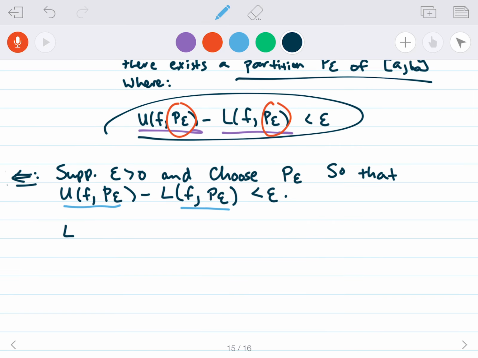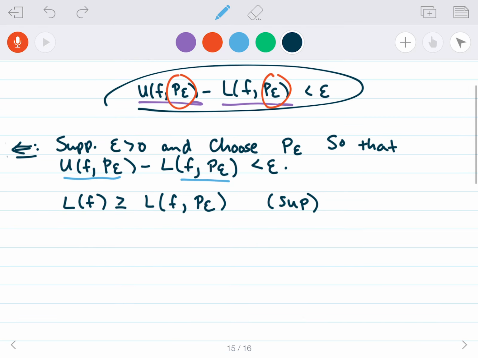So we know that the lower integral is, by definition, the supremum of all the lower sums, which means it's going to be bigger than or equal to, in particular, this lower sum. This guy's the sup of the lower sums.